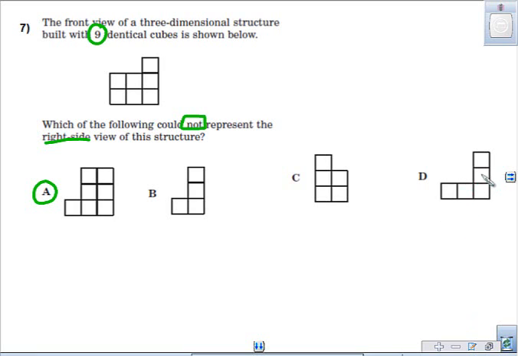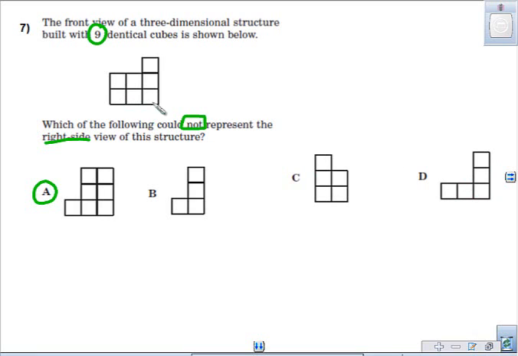Okay, so if we look at this as the right side, so if I were to take this and turn it so that I'm looking at the right, I know that one of the levels has to go up 3 units because I'm seeing it 3 units high, and this shows that the back is up 3 units. Okay, and they're saying that the middle and the front are only up 1 unit. Okay, that's fine.